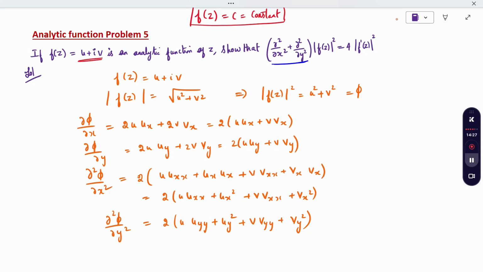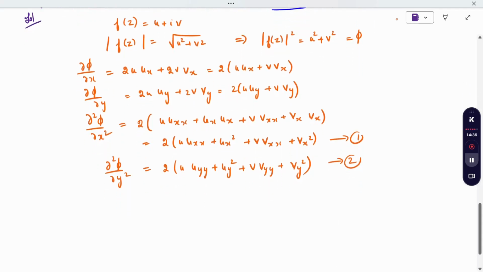So now this is my first equation, this is my second equation. When I add, I will get my left hand side: dou squared phi by dou x squared plus dou squared phi by dou y squared.